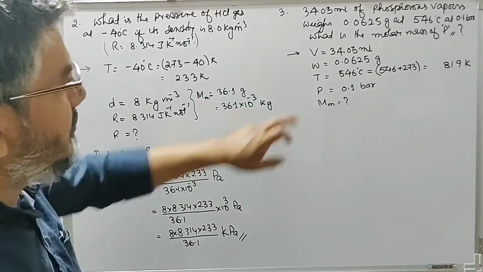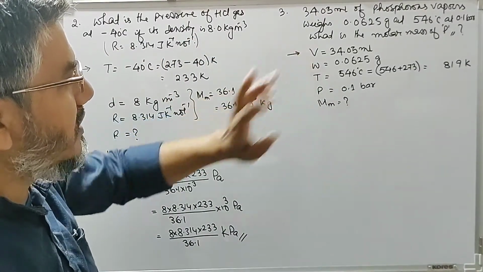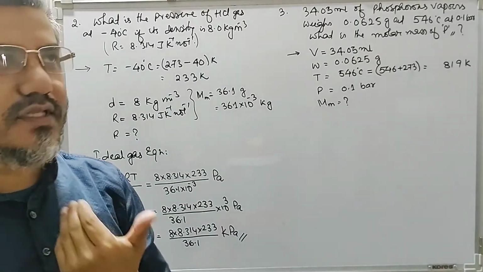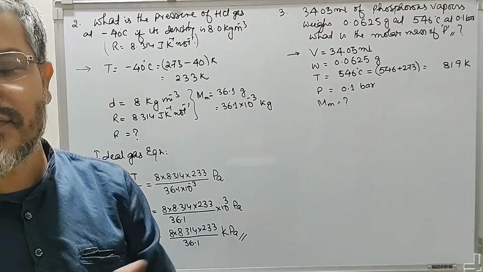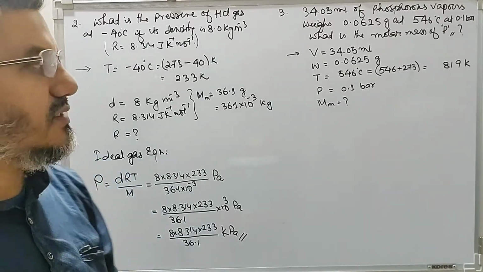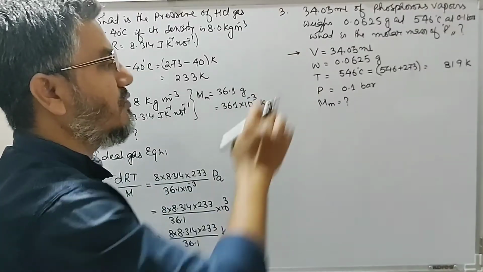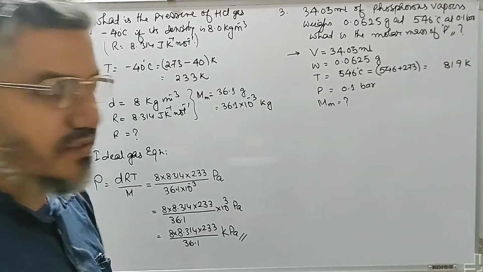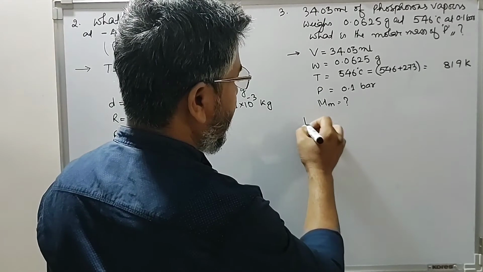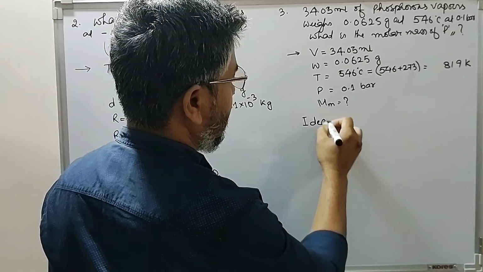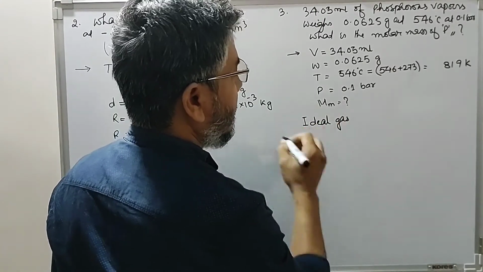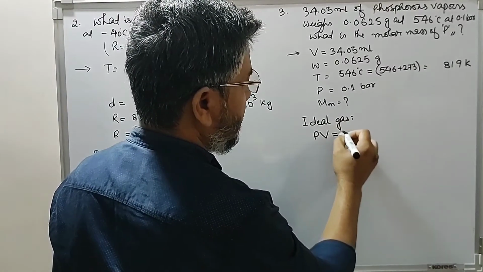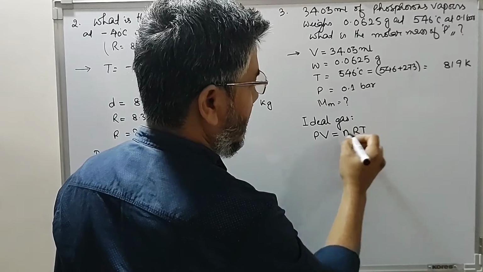So we have pressure, temperature, volume, mass. We have to find the molecular mass. So again, the question involves the use of ideal gas equation, because pressure, temperature, volume, mass is given to you. What we have to find is the molecular mass. So from ideal gas, we have pressure volume is equals to nRT.